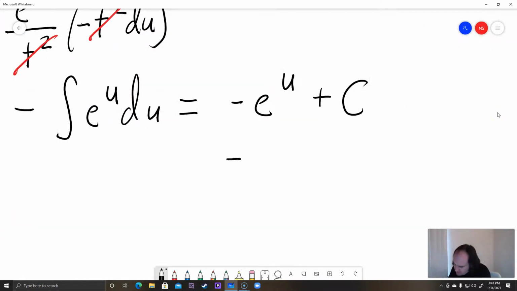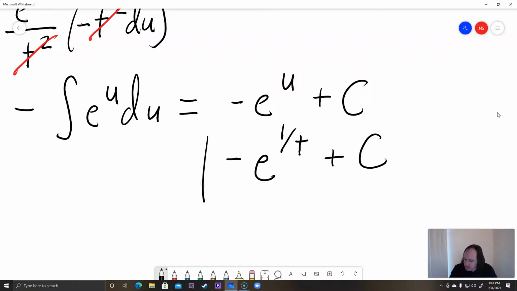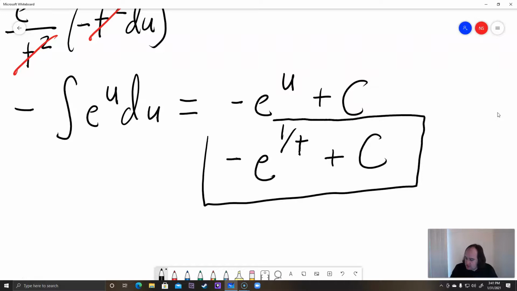So we have negative e to the 1 over t plus c. And I am showing every single step so that hopefully no one gets confused. But when you get more familiar with these kinds of problems, you may find that you're able to do them much more quickly than I'm doing them in lecture, which is good.